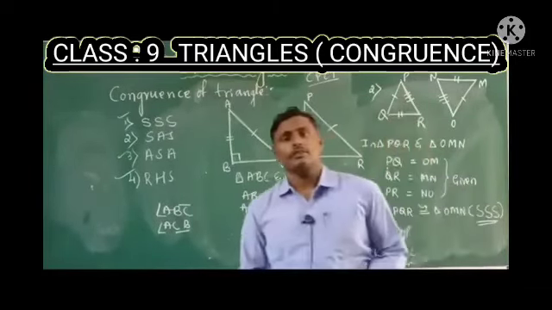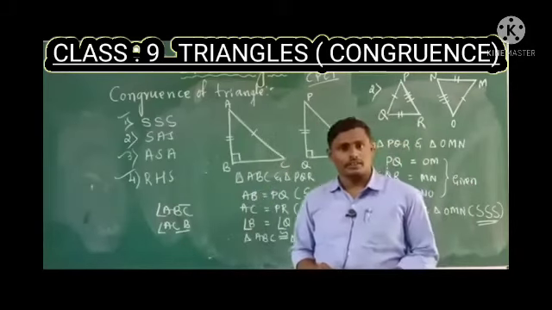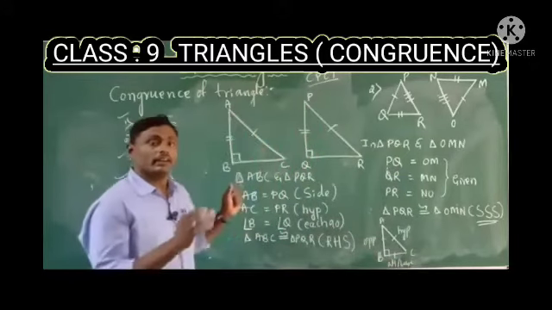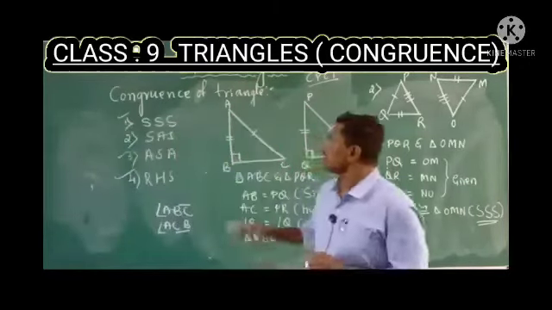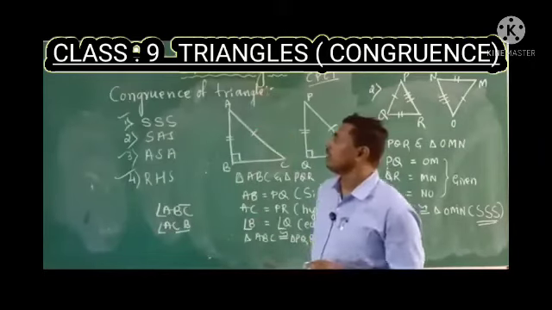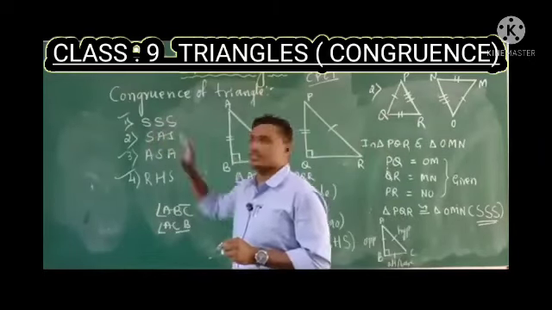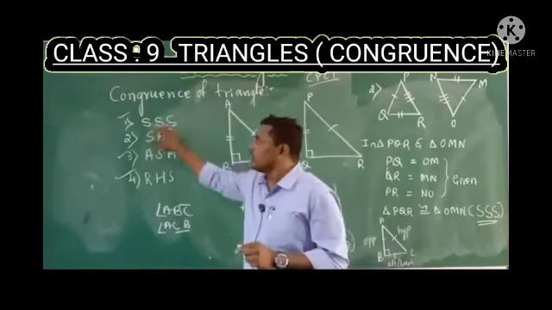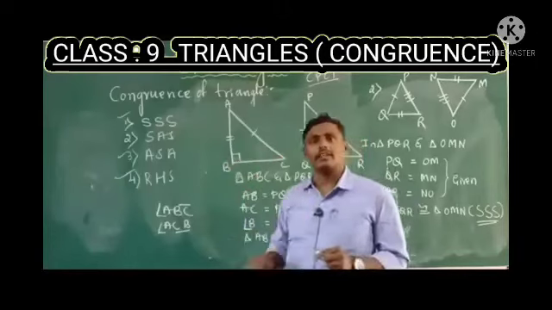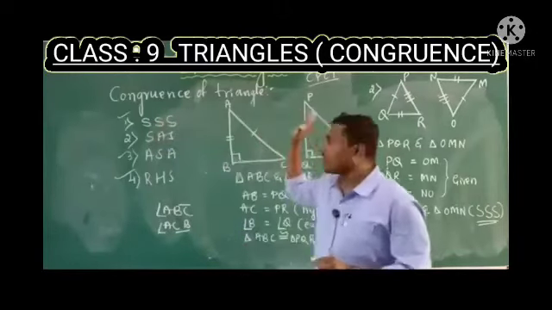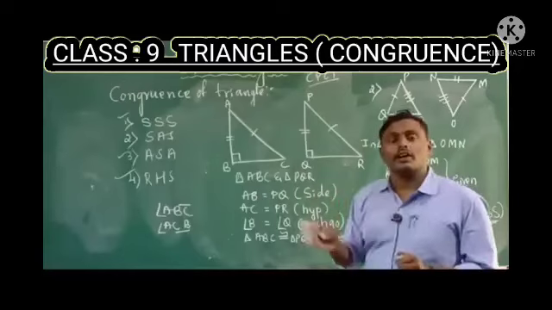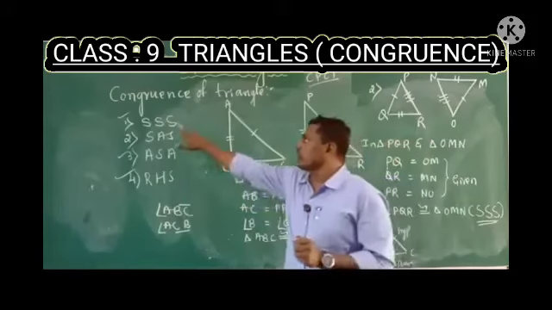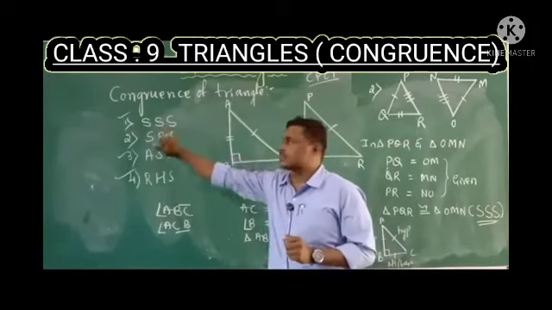So in this class we learned the meaning of congruence, some basic plane figures of congruence, and some congruence criteria related to triangles. The first criteria is SSS. What is that criteria? If three sides of one triangle are exactly equal to the three sides of another triangle, then the two triangles are said to be congruent by using the criteria SSS.